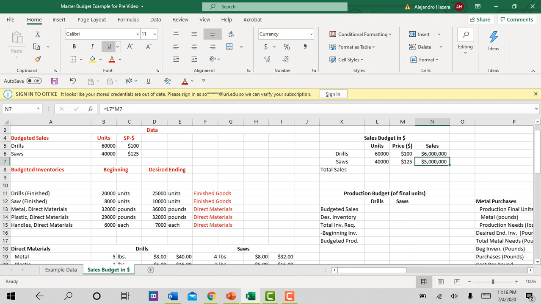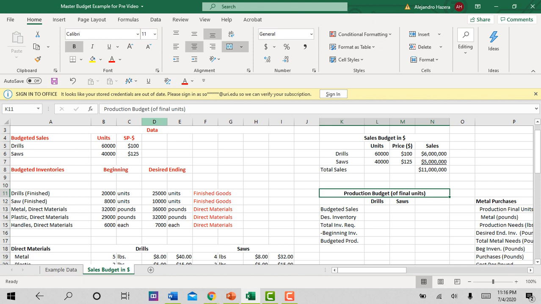Okay, so our total sales that we anticipate to make is $6 million plus $5 million, or $11 million. And obviously, the last step in this whole thing is I'm going to make a budgeted income statement, and of course, this is the top line of that. Okay, now let's do a production budget. And I want to emphasize that this is a production budget of final units.